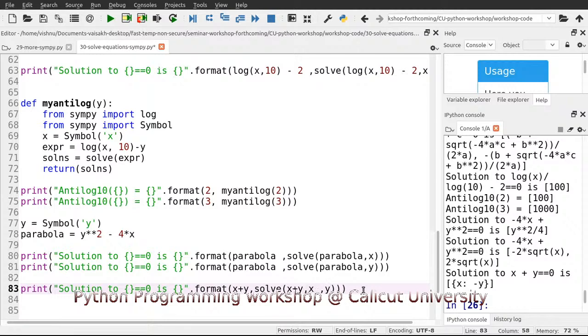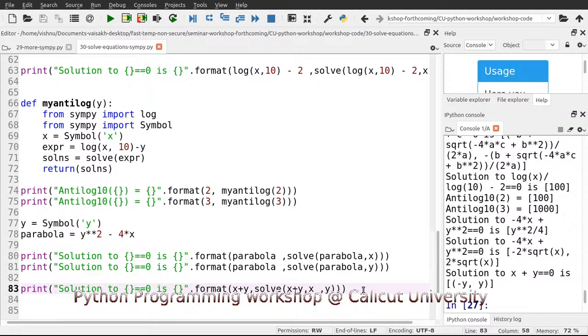If you specify x and y, what will happen? Minus y, that's the solution. Is it correct? x is equal to minus y.